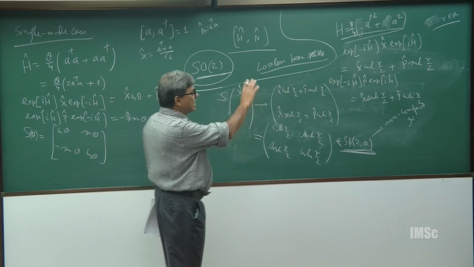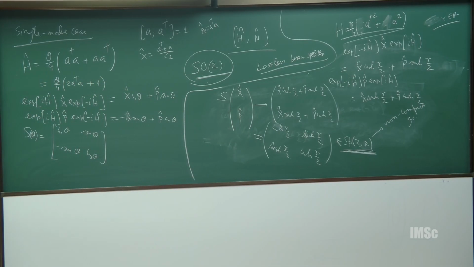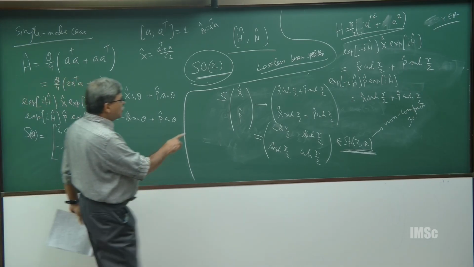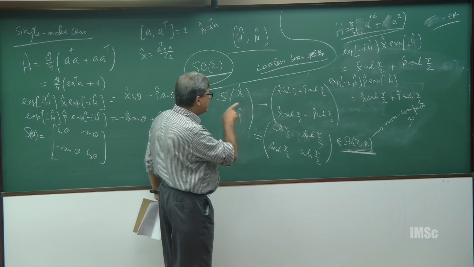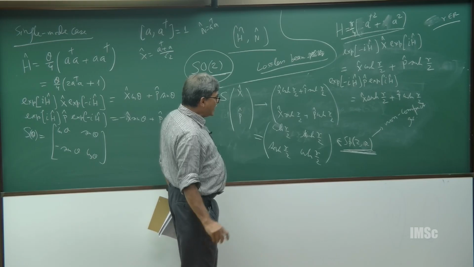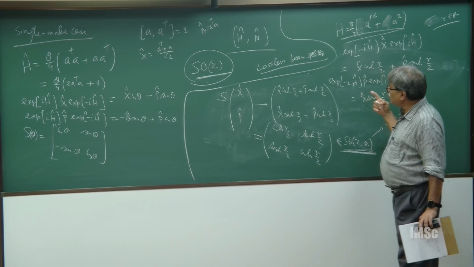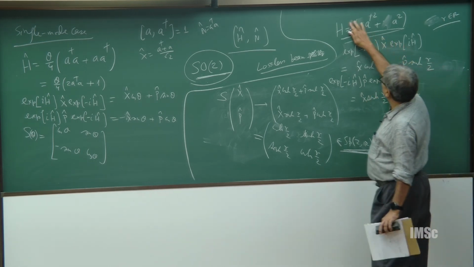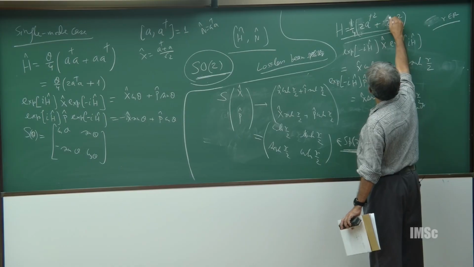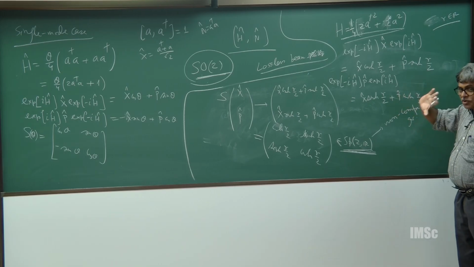But this is of course a special case, because the most general case is something you obtain differently. This is squeezing about quadratures like x and p, but for the general case, with 1 by 4 z and z star, this corresponds to squeezing together with rotation.